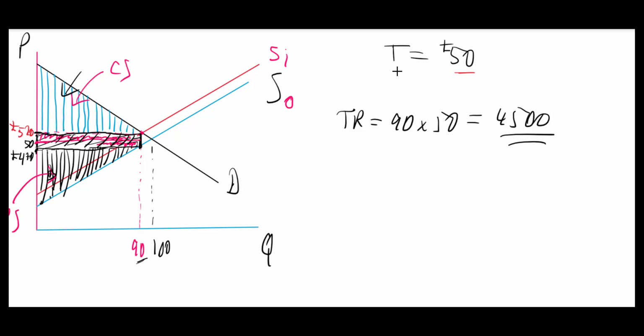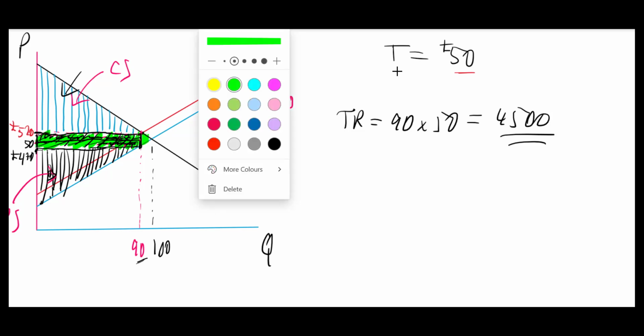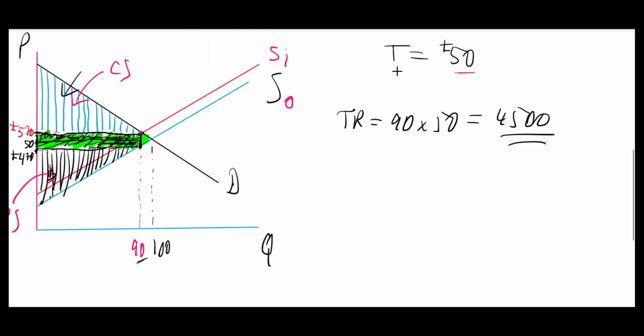But now, as you can see, there is something that hasn't been accounted for, and this is this area here. This area is not benefiting anyone. This is not captured by anyone. The government is just capturing this area, the revenue. The buyers or customers are capturing this area, the yellow that I am shading here, just to differentiate between these areas.